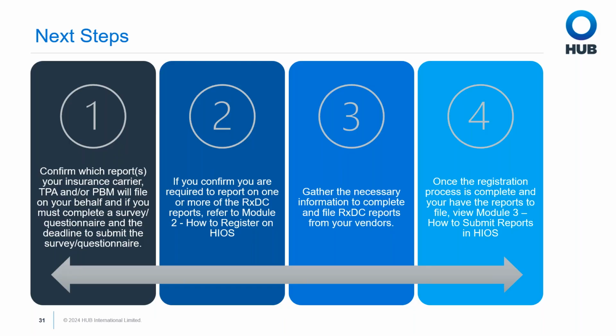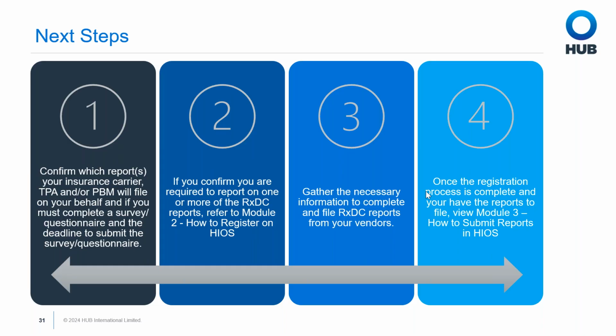If you choose to file directly with CMS, please proceed to our Module 2 on how to register on HIOS, and then proceed to gather all the necessary information to complete those reports, to file those reports within the HIOS website. And lastly, if you are required to report directly, we encourage you to view our last module of our RxDC training that will teach you how to submit the reports within HIOS.